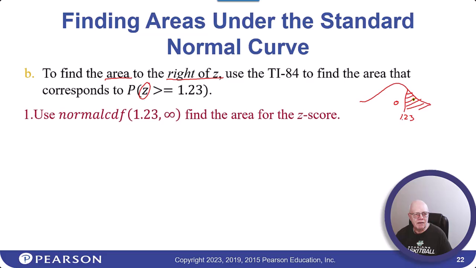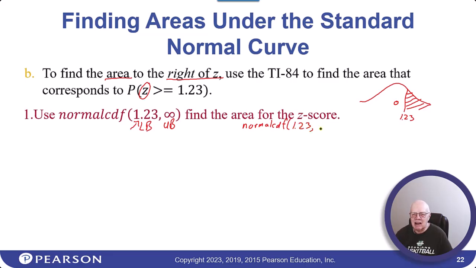So normal CDF, this time 1.23 is your lower bound, and infinity is the upper bound. And I've got a trick there for you too. The way I put it in, because it works, when I get to normal CDF, I'll put in the 1.23 because that's the lower bound.